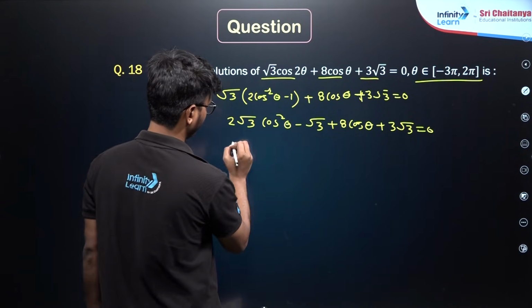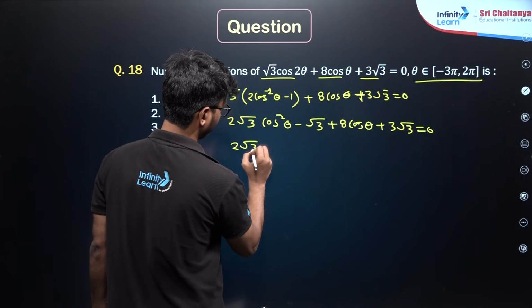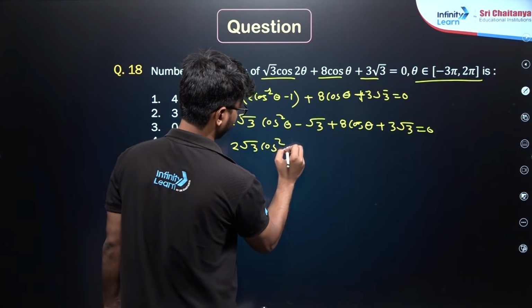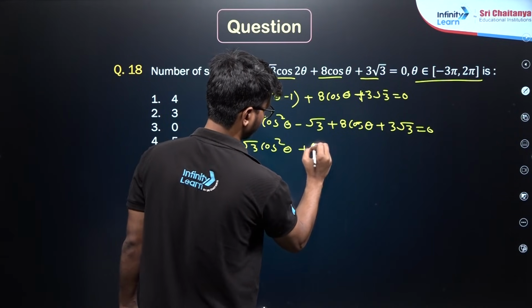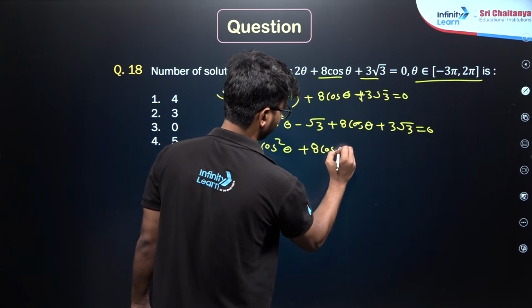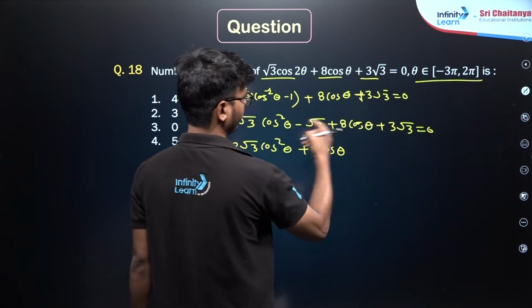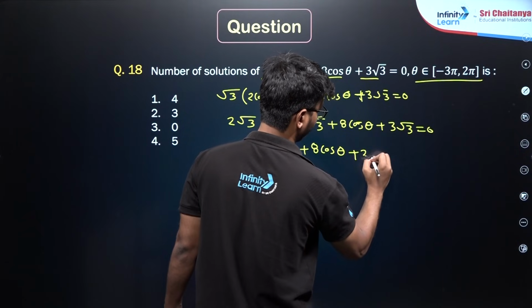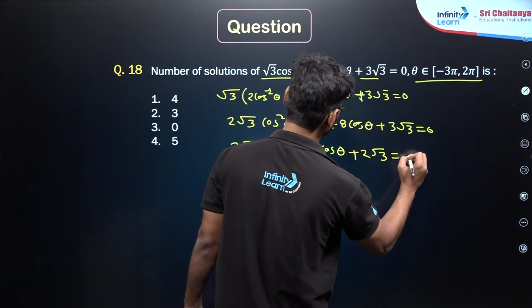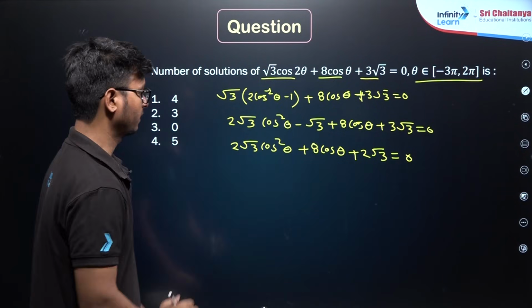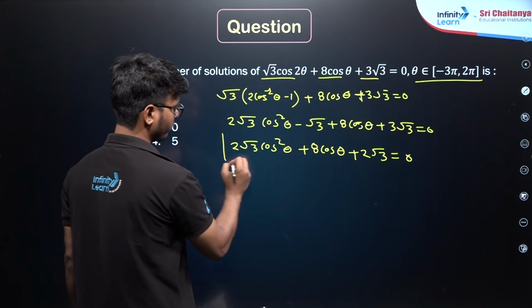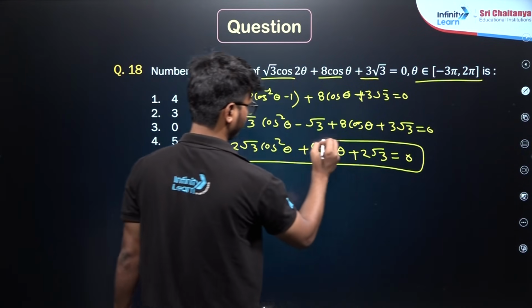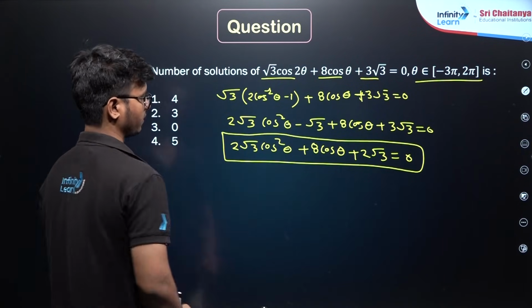Further I can write 2 under root 3 cos square theta plus 8 cos theta, and 3 minus 1 is 2, so it will be 2 under root 3 equals to 0, correct? So this is the quadratic equation in the term of cos theta, correct?